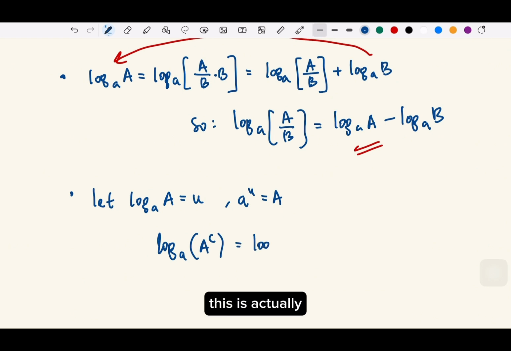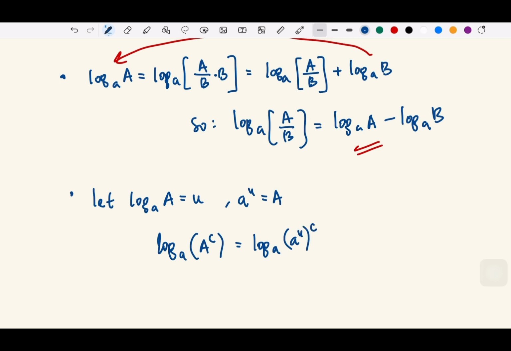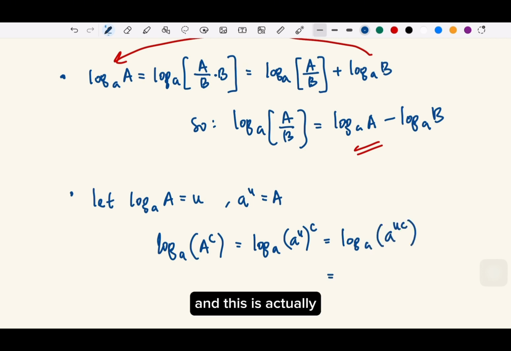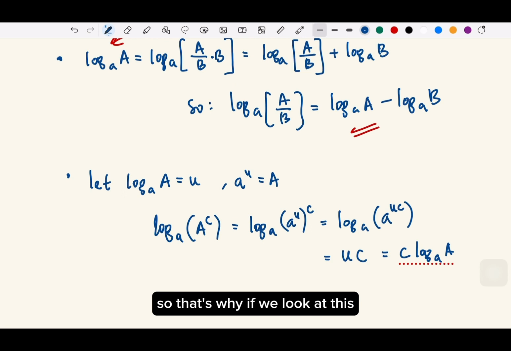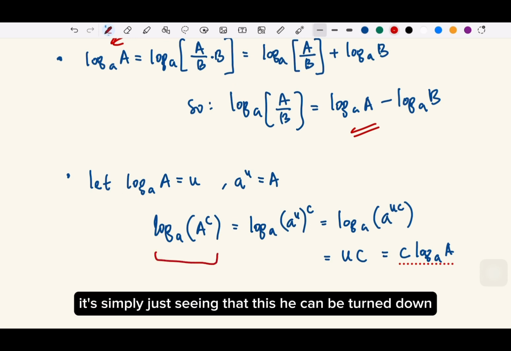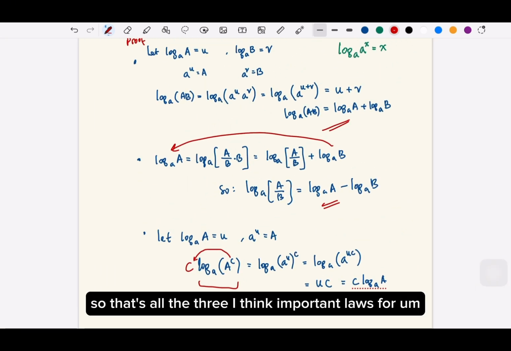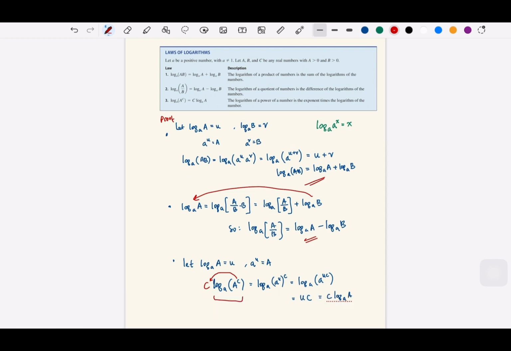This is actually a with power of u and then power of c, and then we can combine u and c, and this is actually just uc, or c multiplied with log base a of A. So if we look at this, it's simply saying that this c can be brought down to the front. Okay? So that's all three important laws for logarithms.